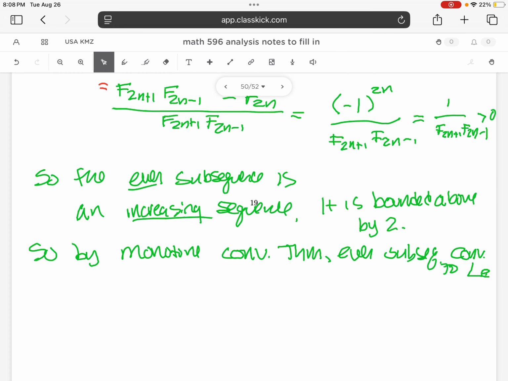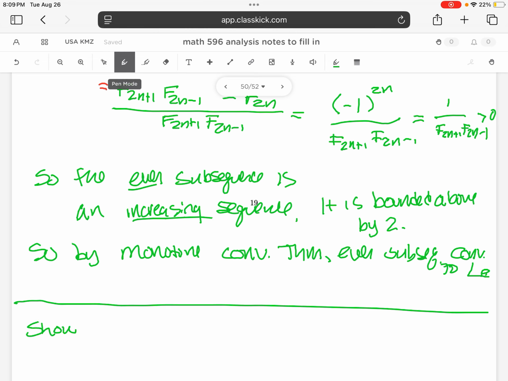All right, great. Now, there's a whole second part of this which is almost identical, except it's going in the other direction. What we have to do in the exercises is to show that the odd subsequence, on the other hand, is a decreasing subsequence, which is bounded below by 1.